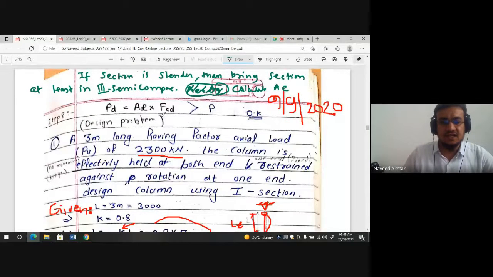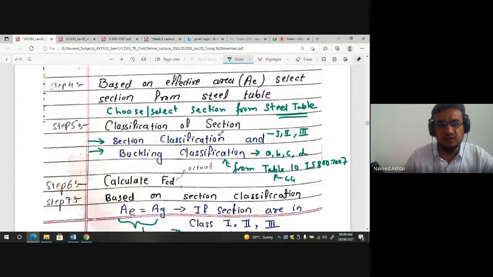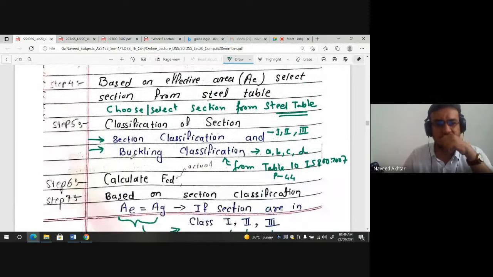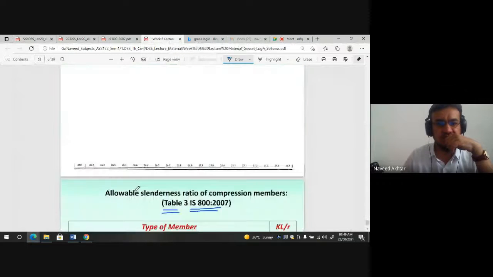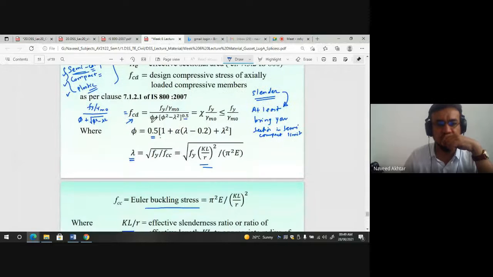Then at last, you calculate the FCD by knowing the buckling classification, effective length, slenderness ratio, all these things. Put the values in your empirical equations and you can find out the FCD.